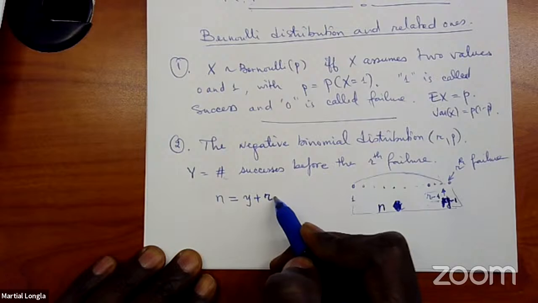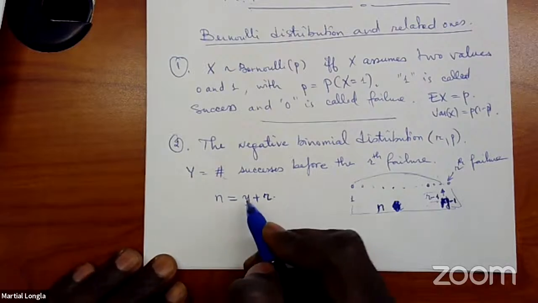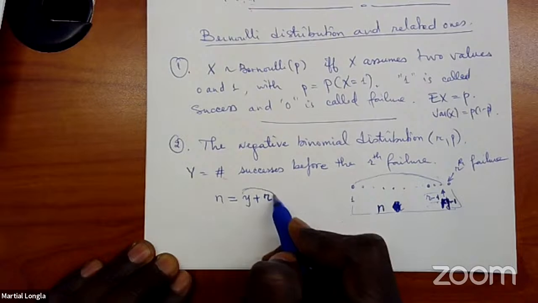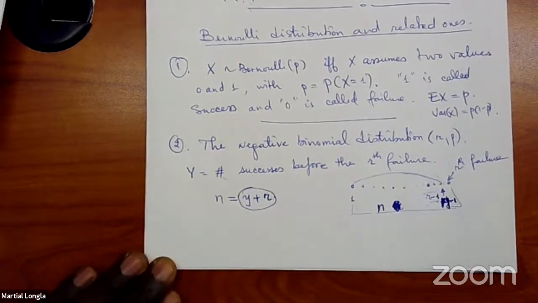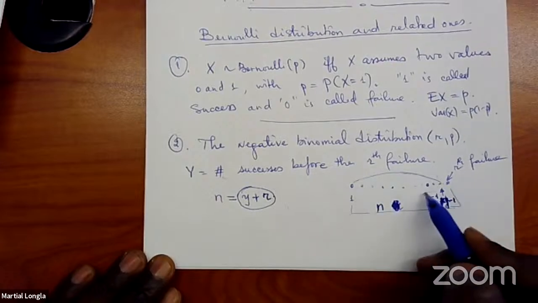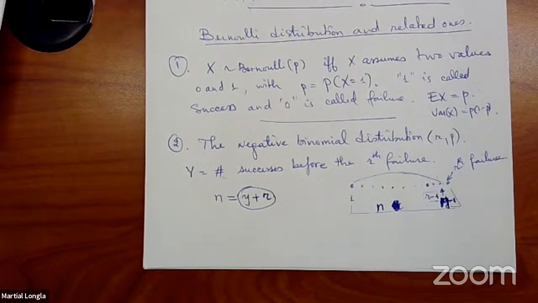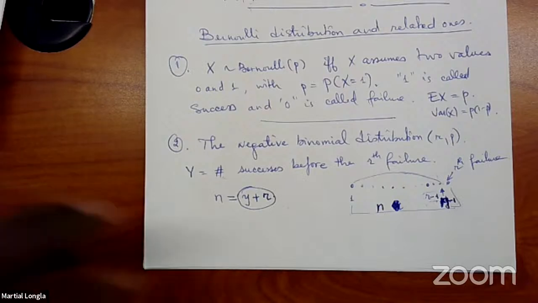So N minus 1 gives you what is before that last trial, the one giving you the last failure. So this is what you're subtracting 1 from. How many failures are before that last one? R minus 1. Where are those failures? That's the question. Do you know their positions? You don't know the positions of those failures.